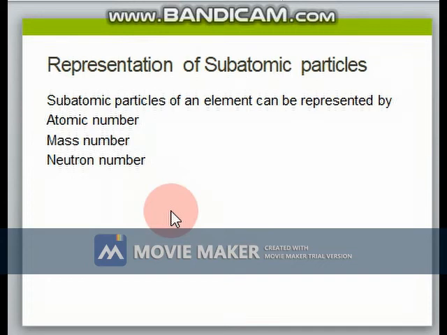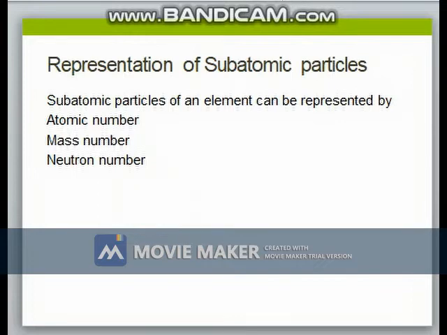Subatomic particles of an element can be represented by its atomic number, mass number, or neutron number. So atomic number. Atomic number is the number of protons in the nucleus of an atom.